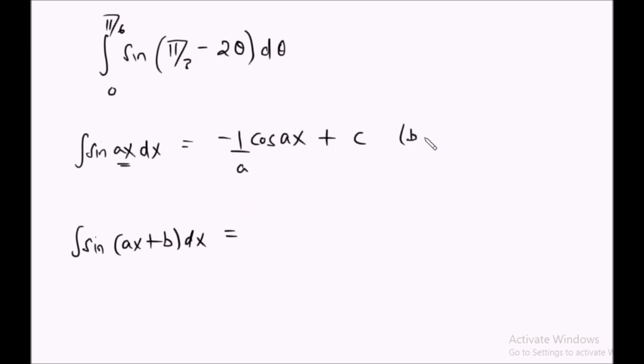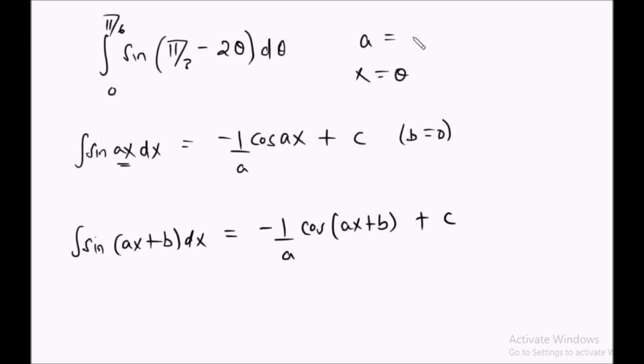By the way, here b is now just 0, okay? So it's just the same, it will be negative 1 over a cos of ax plus b plus c. So in our question here, our variable is theta, so x is theta, but a will be negative 2 while b will be pi over 3.